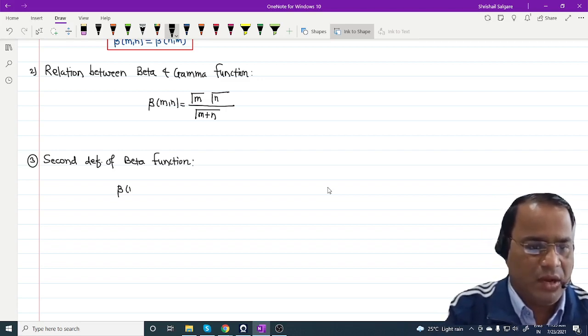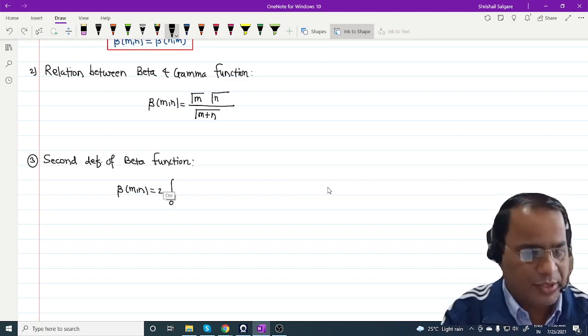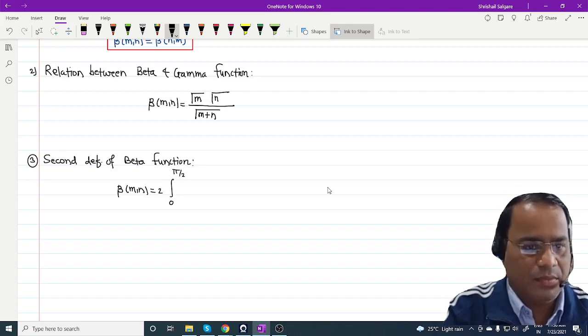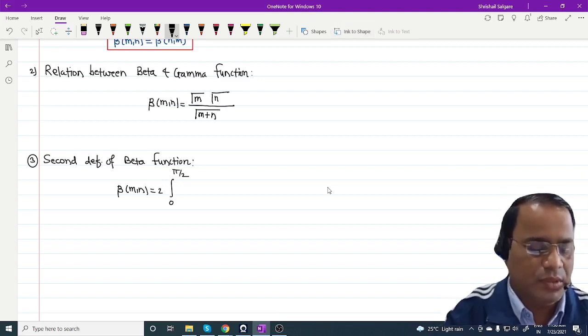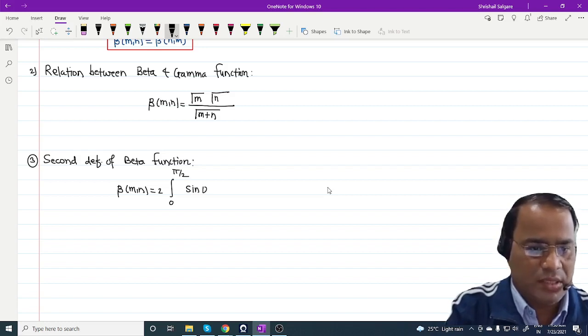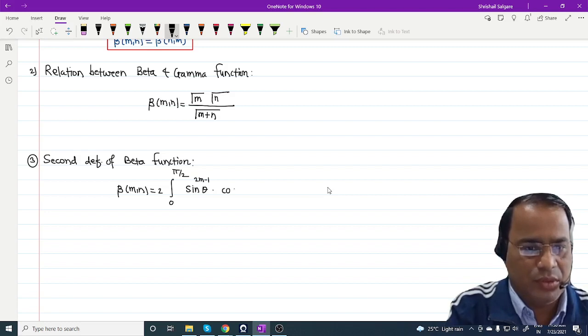So beta of mn is given by 2 times the integral from 0 to pi by 2, the integrand is a combination of sine and cos: sine theta raised to 2m minus 1 into cos theta raised to 2n minus 1 d theta.